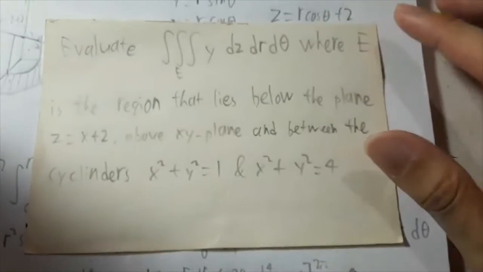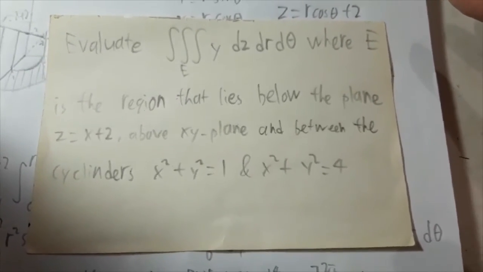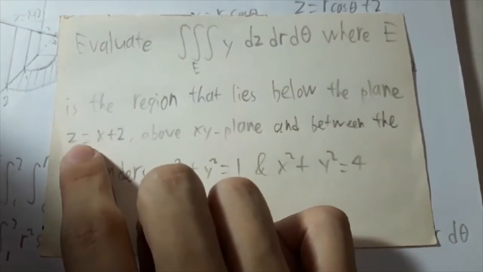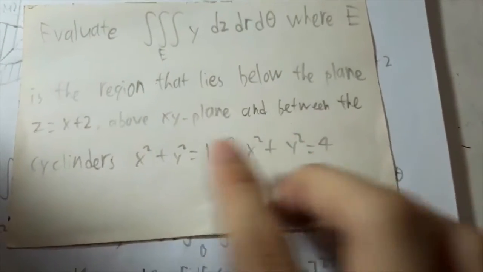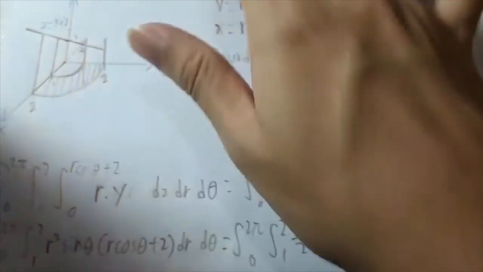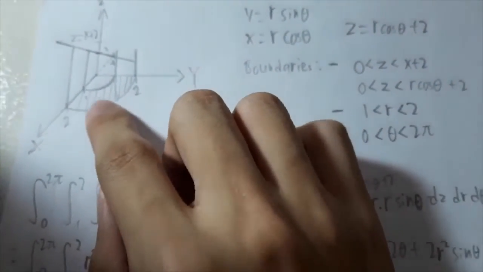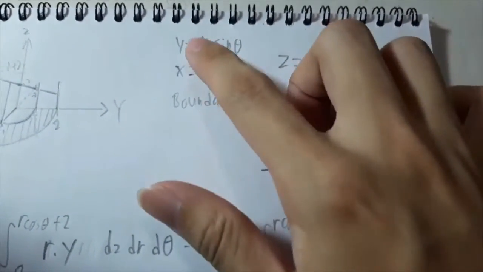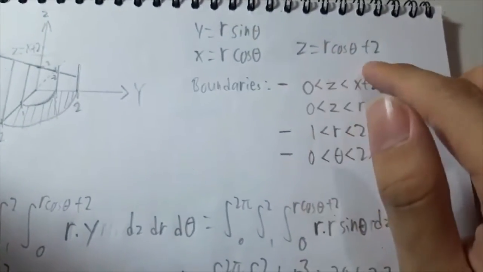So this is the first problem, which is the triple integral in cylindrical coordinates. The first thing we need to do is to see these three functions above the xy plane and between the cylinders. This is the rough sketch of the three functions. And this is the conversion of x, y, and z.